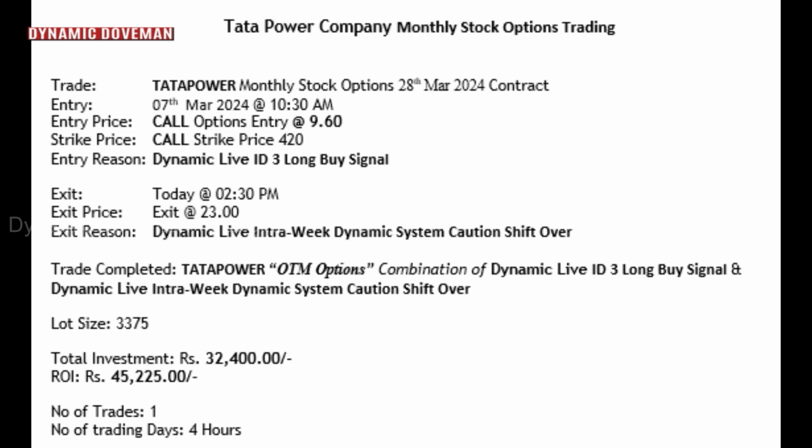So when we buy this quantity at a premium of 9 rupees 60 paise, the investment required is around 32,400 rupees. And when we exited at 23 rupees, we gained a profit of around 45,225. All right. So on your investment, it is literally close to almost 150% return.